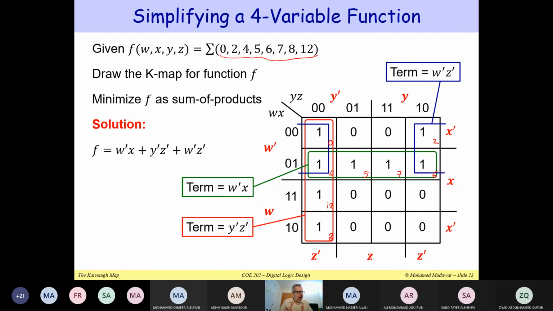If I combine 5 with 7 only, that will give me a term that has 3 variables. If I combine 5 with 7 with 6 and 4, it will give me a term that has 2 variables. That's better. The purpose is to cover 5 and 7, but the reason why I'm combining it with 4, adjacent, rather than just 2, is to minimize the expression. That's logical. Okay, Ali?